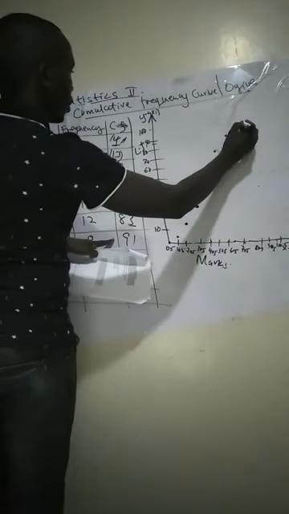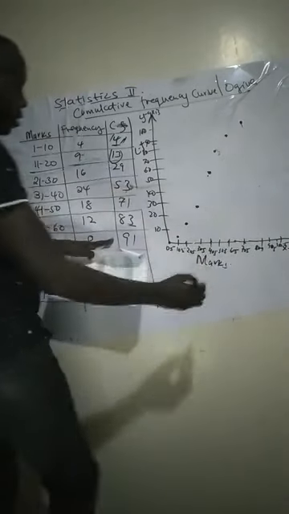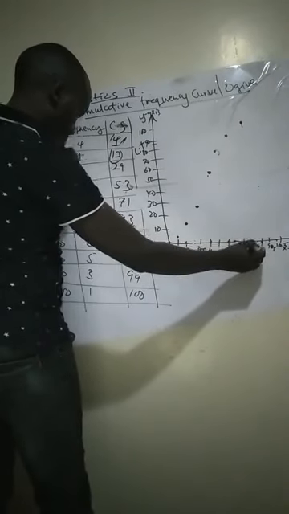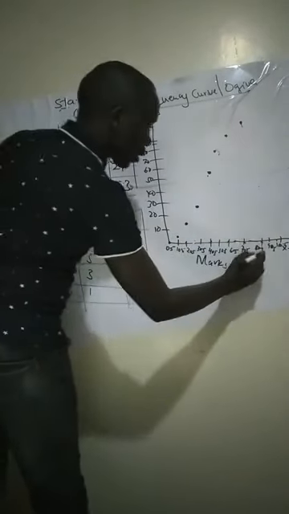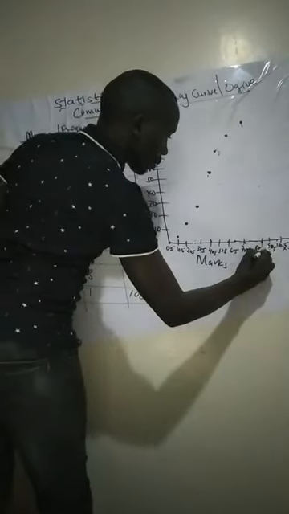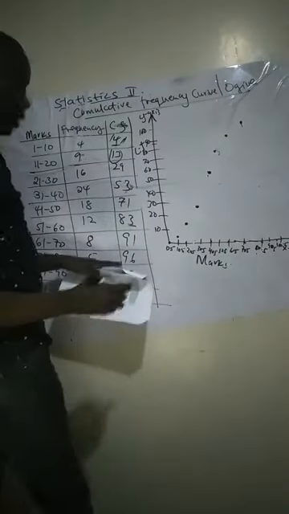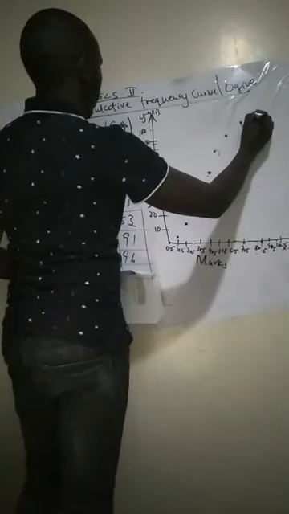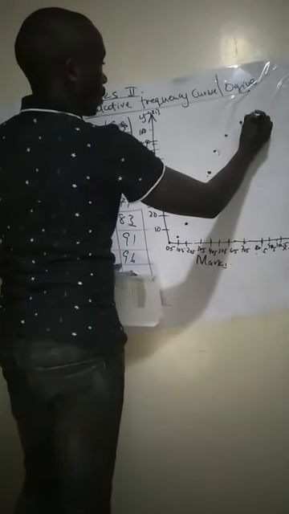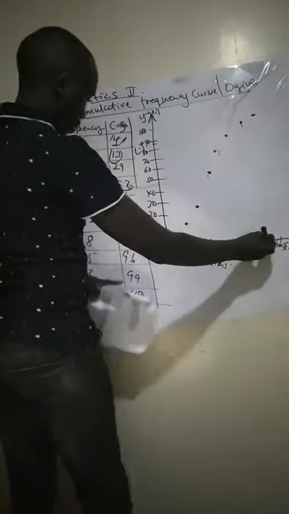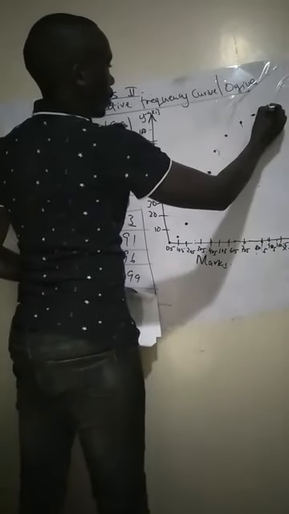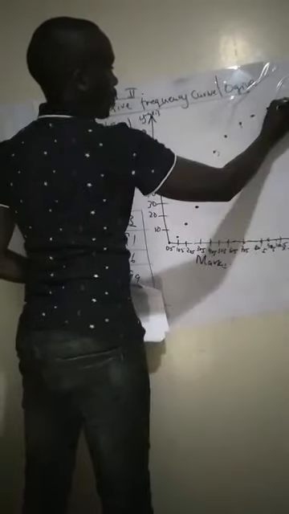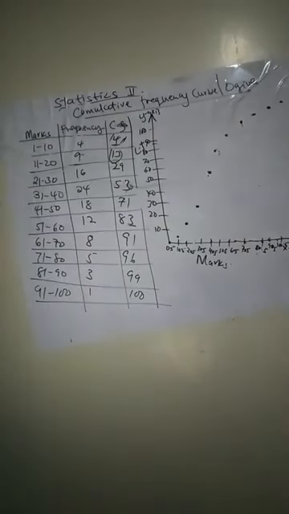Frequency is 91, and 80.5, the frequency is 96. And 90.5, the frequency is 99. And lastly, 100.5, the frequency is 100.